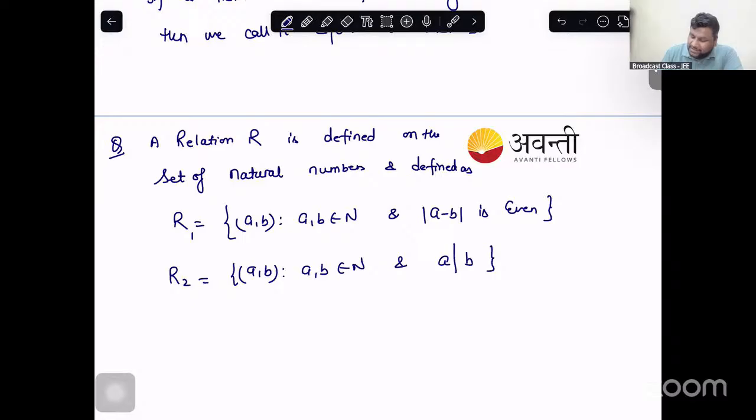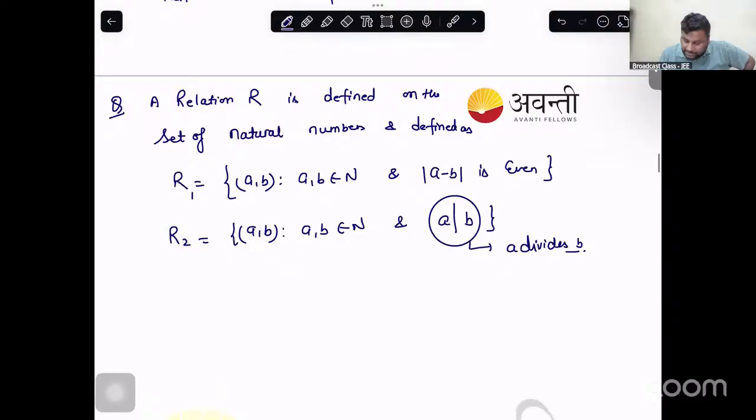This means A divides B. Comment if R1 and R2 are equivalence or not.